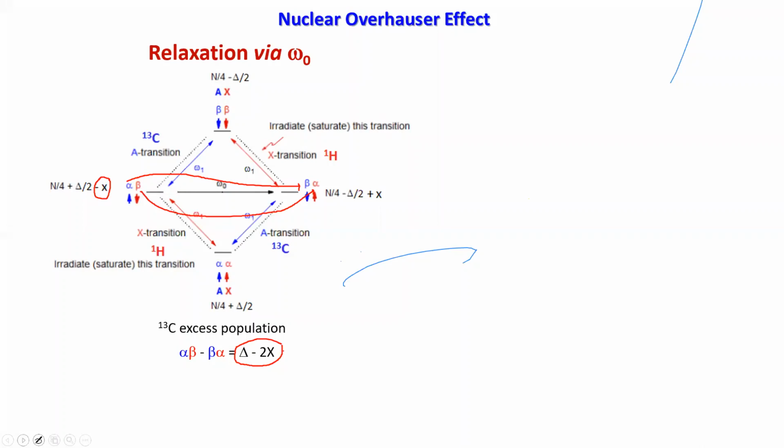If your excess population is decreasing, your peak height will be decreasing. So a decrease of signal intensity will be observed. With the zero quantum transition, you will have a decrease in signal intensity. So your 13C signal will be shorter, your height will be less. Understood this one?